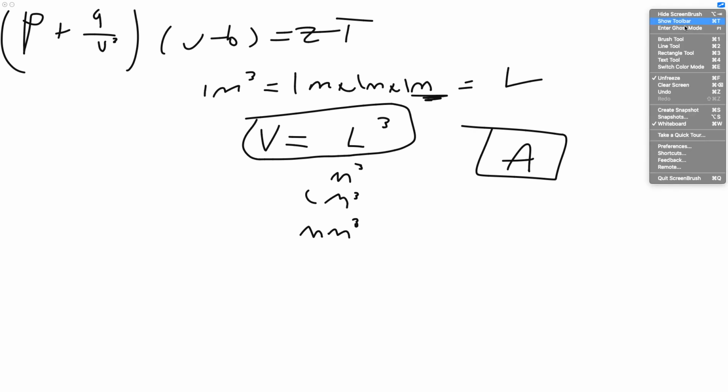So if we just clear this here, now we go to question 100. We're asked now to find the dimensions of A. Remember, if we look at the left-hand side, we have P plus A over V squared.